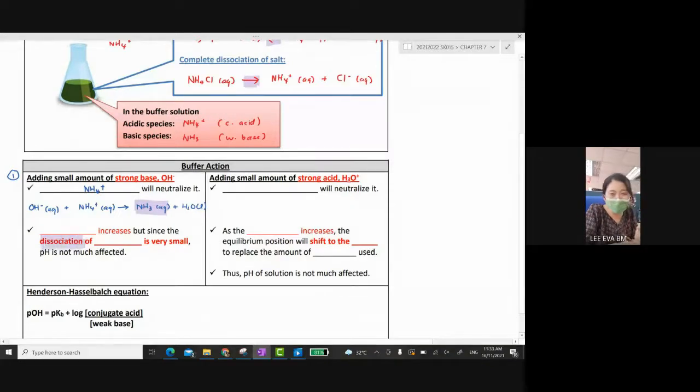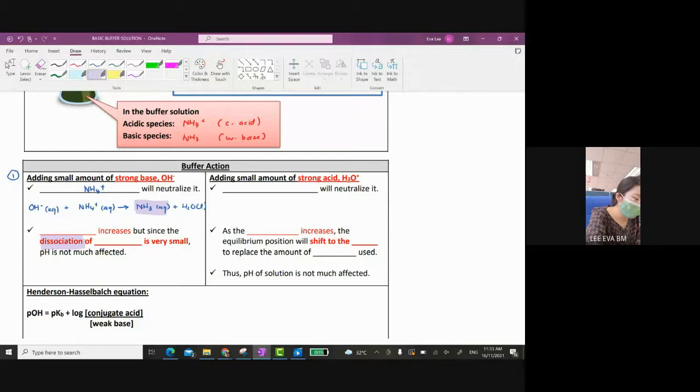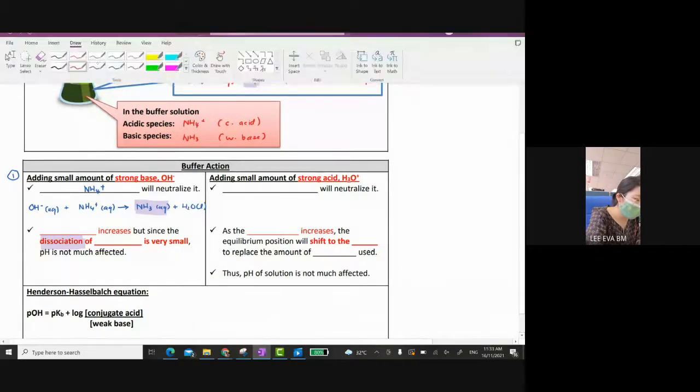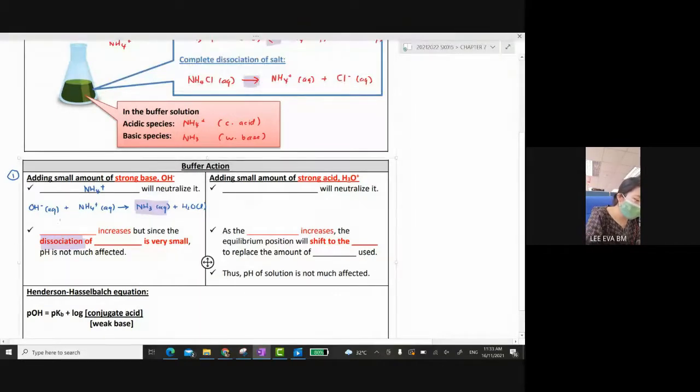Of course the explanations madam gives you, but you need to practice writing out the full sentence. Then we need to explain further. Since the concentration of your NH3 increases, but the dissociation is very slight. The dissociation of NH3 is very small. Therefore, your pH value is not much affected.